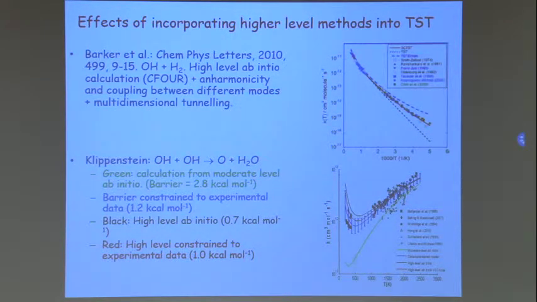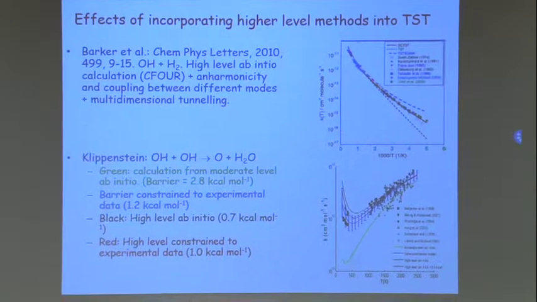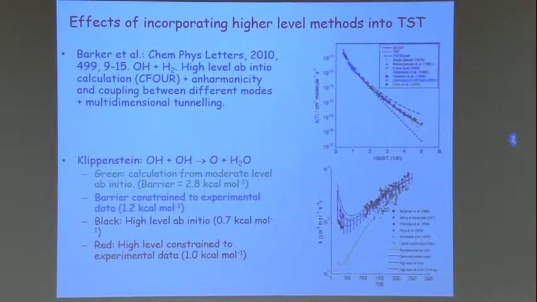I said that you're going through the barrier in a slightly different way from that which you might expect. And you can do that in different ways, and that's multidimensional tunneling. And so here's the experimental data, and here's his calculation in red, which is his best calculation. And you can see that it's really very, very accurate.